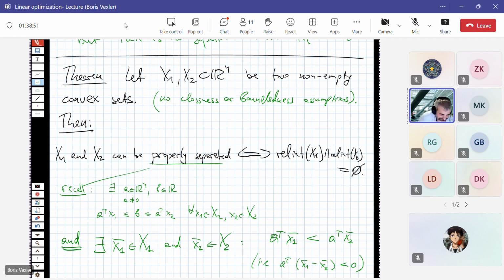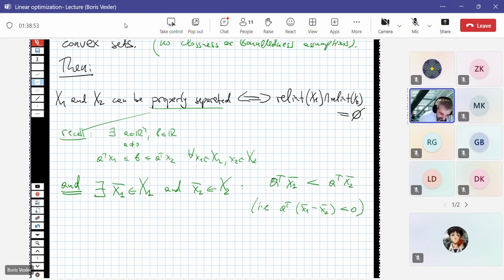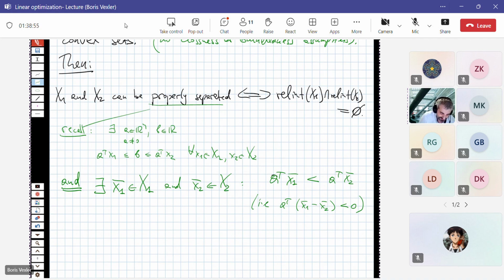Okay, what does it mean? Geometrically, if you take the hyperplane H(A,B), the vector A is always orthogonal to the hyperplane.